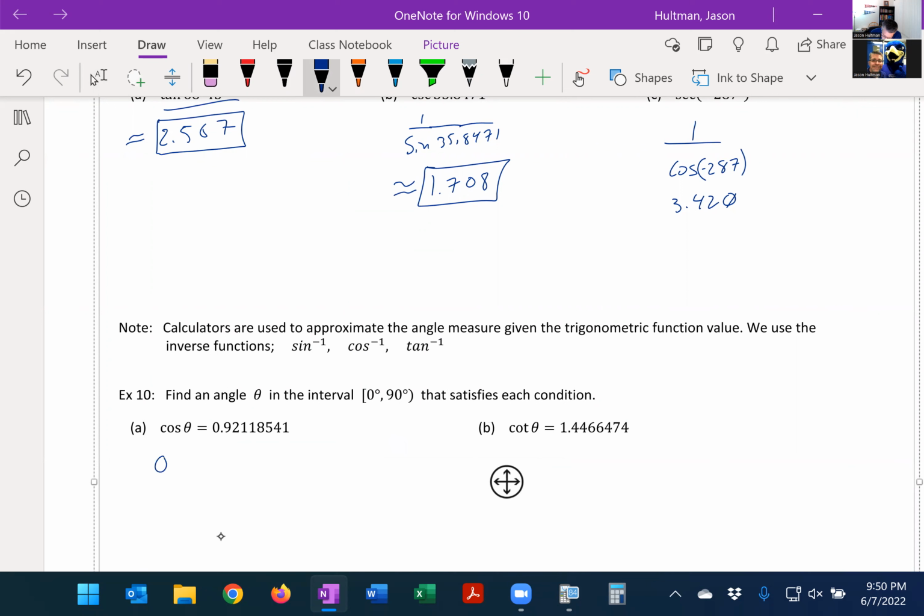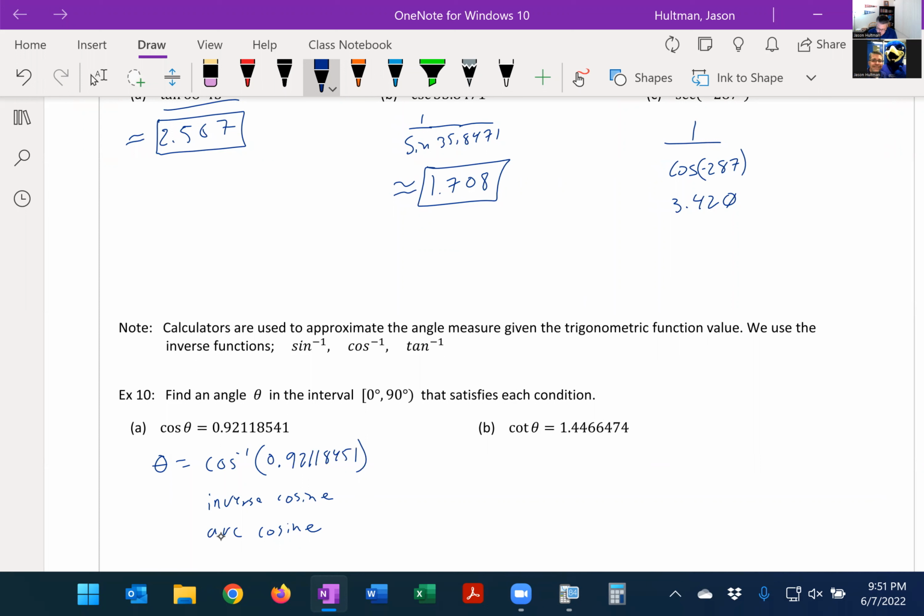So the theta, we call this inverse cosine, or arc cosine. The inverse cosine or the arc cosine, the inverse functions, those produce angle measures. So inverse cosine of 0.92118451. I want to plug this into the calculator.